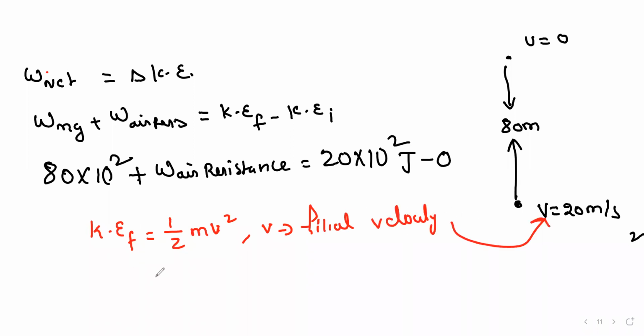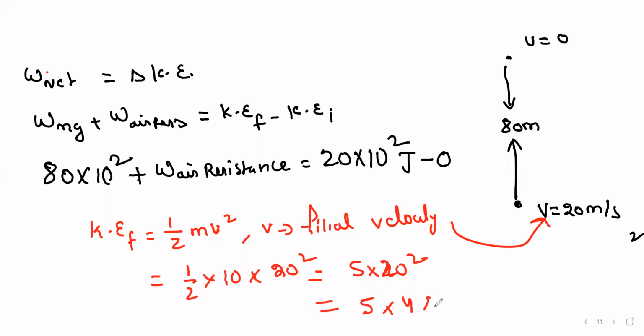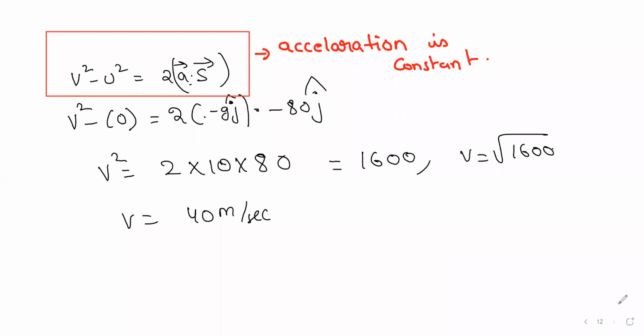Here the final velocity is v equals 20 meter per second. Mass is 10 kg, so I get 5 into 20 squared. This can be written as 5 into 4 into 10 squared, since 20 squared is 4 into 10 squared. So we get final kinetic energy as 20 into 10 squared joule. Is that clear? Yes, sir.